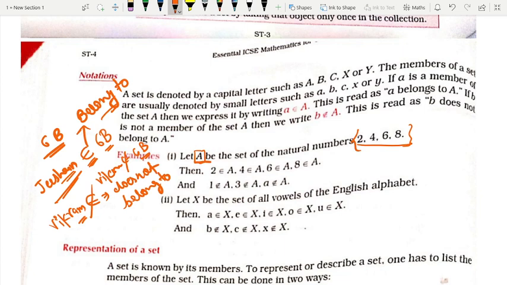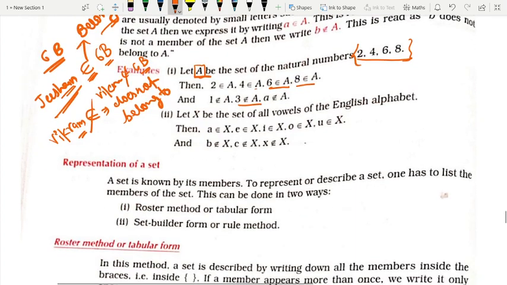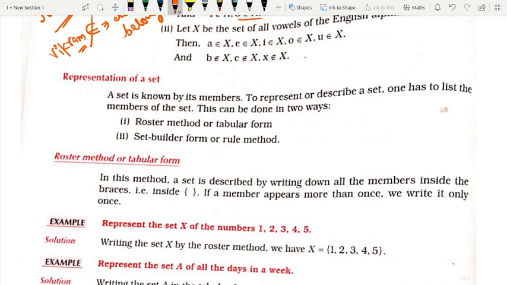Yes, it is belonging to set A. 4, yes, it is belonging to A. 6, yes, it is also available. 8 is also available. 1 is not in the set. 3 is not in the set. So we will say 1 doesn't belong to A, 3 doesn't belong to A. Okay, is it clear?